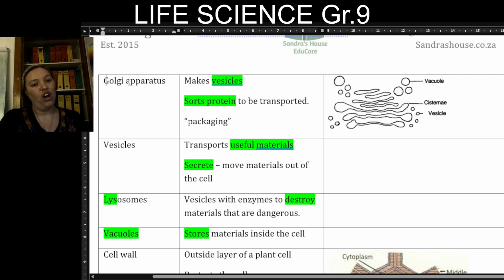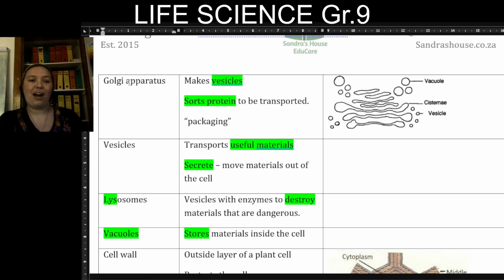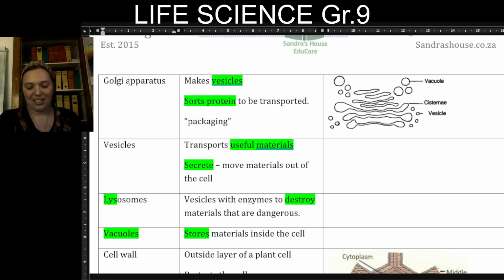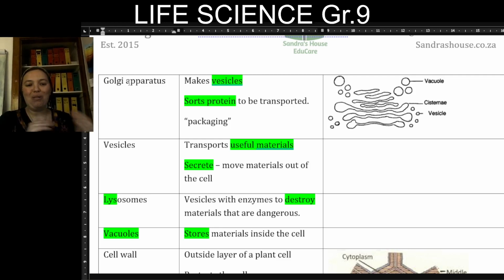So I go golf apparatus, Golgi apparatus, the one that sounds like golf, because it's the car that drives things around. Whether that helps you or not, that's just my silliness in my head, but find yourself little interesting ways of remembering what it is that fits with either what it looks like, or the function, or with both.